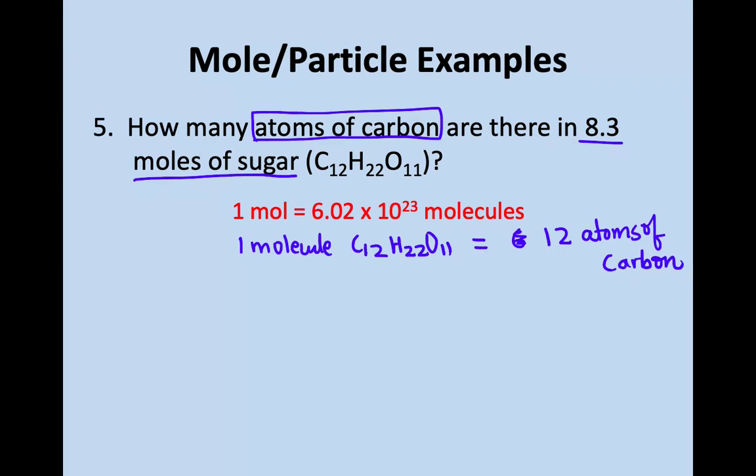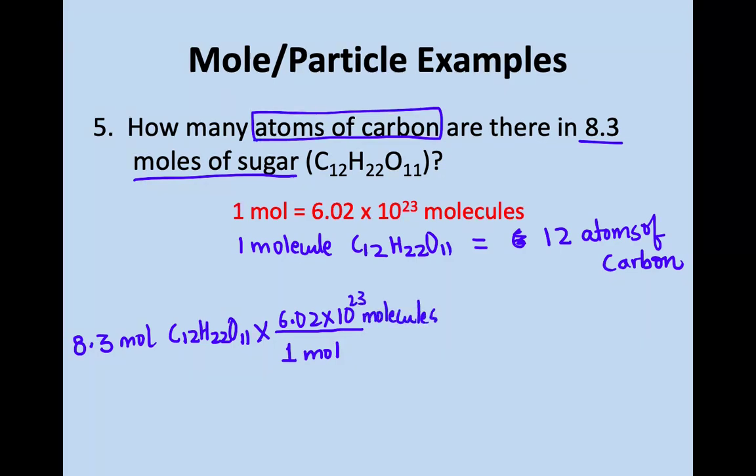Okay, now we're going to start with what is given to us in the question. 8.3 moles of sugar, okay, which is C12H22O11. We're going to convert this into molecules first. Okay, so 1 mole is equal to 6.02 times 10 to the power of 23 molecules. Moles and moles get cancelled. Now we are left with molecules of sugar. Now we're going to use a second relationship.